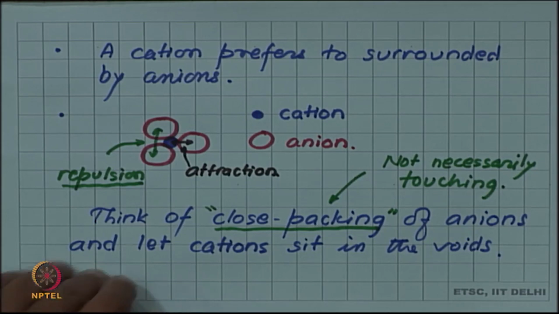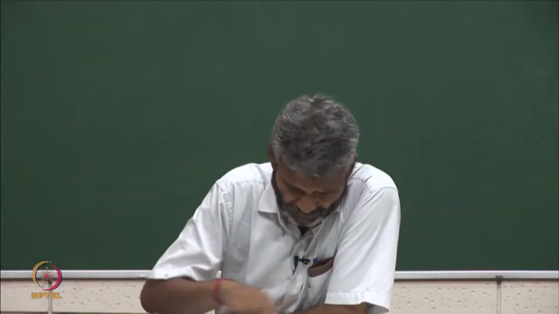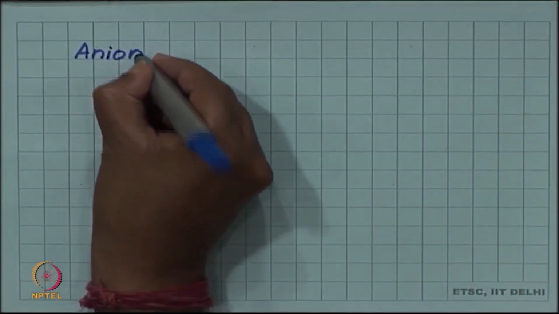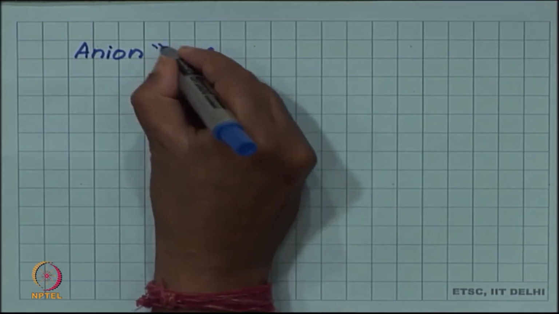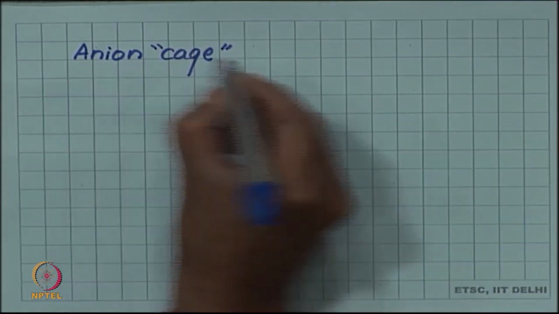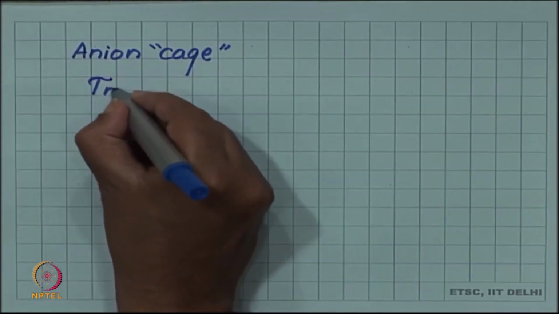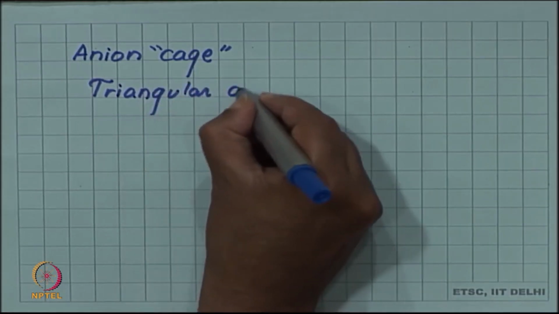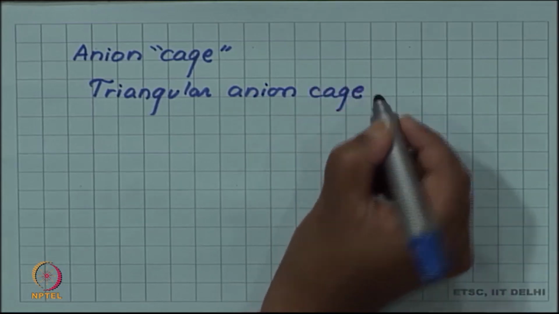So, let us start with a very simple anion cage, and that is a triangular cage. Let's call this the anion cage, a triangular anion cage. By this I mean that I will take my anions sitting on the vertices of an equilateral triangle.